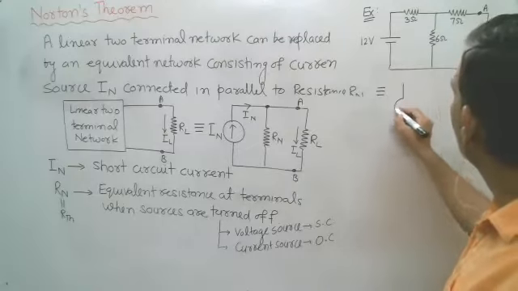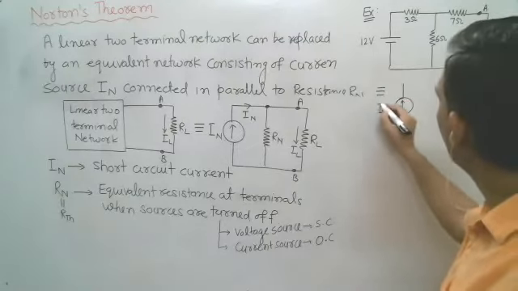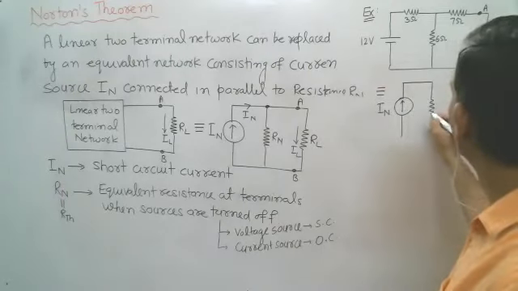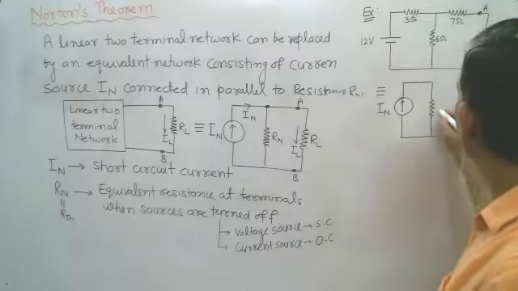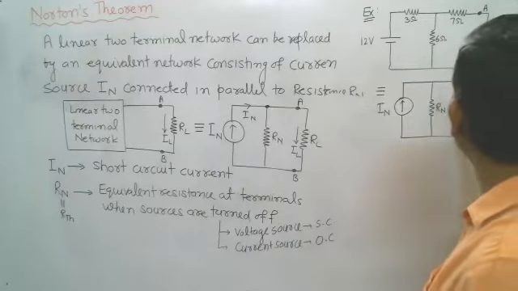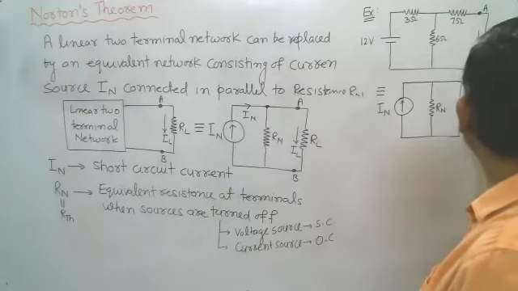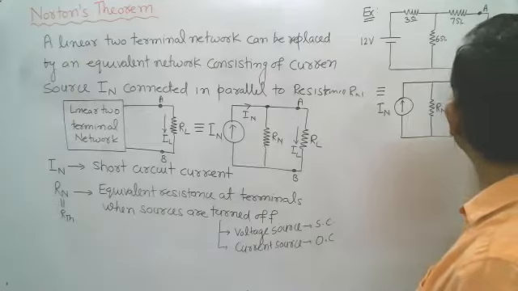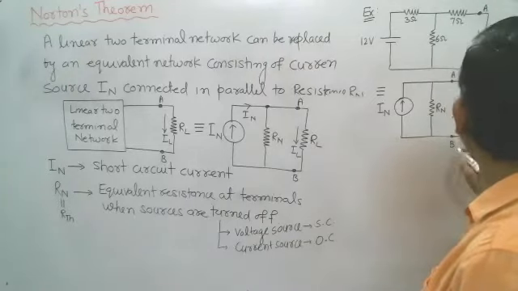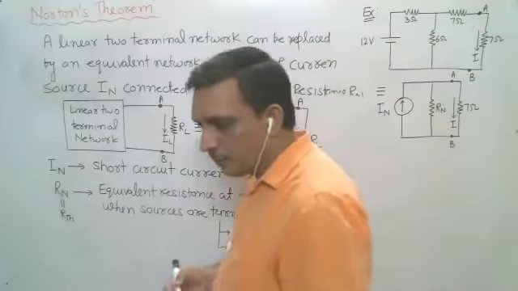Norton's equivalent is, again you have IN, RN, and this is the 7 ohm. This point is A and this point is B. So that is the equivalent circuit.